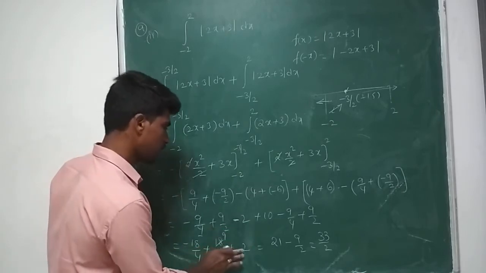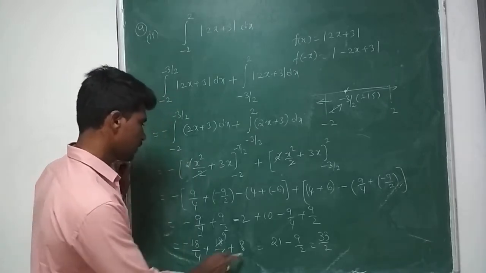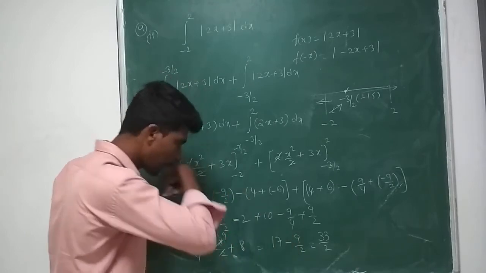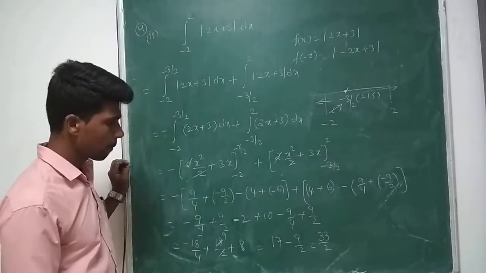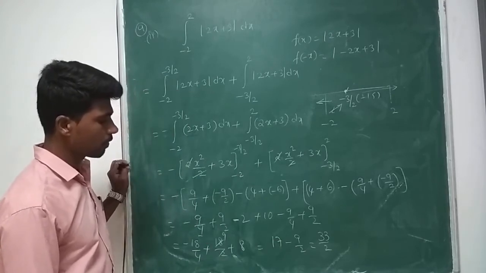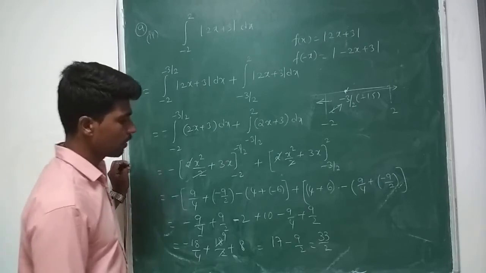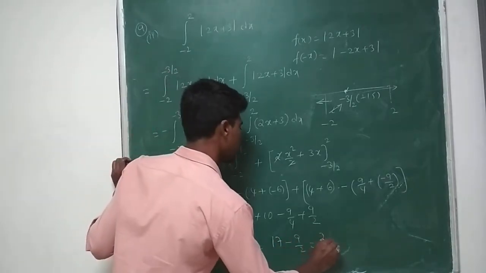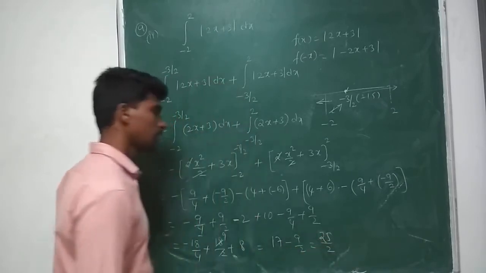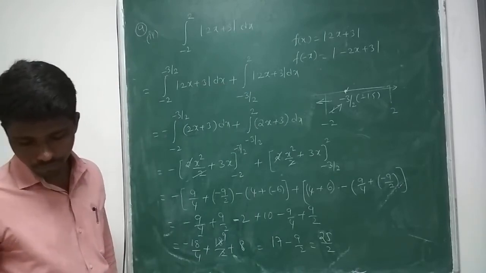So if it is minus 2, I get here 8. 8 plus 9, 17. 2 17s are 34. 34 minus 9, 30 minus 9, 21. 21 plus 4, 25. So the answer is 25 by 2. So we shall move on to the next question.